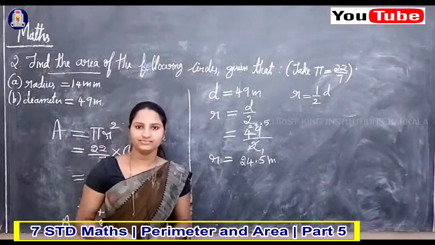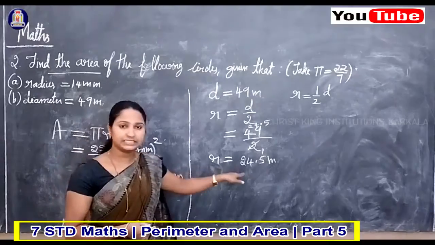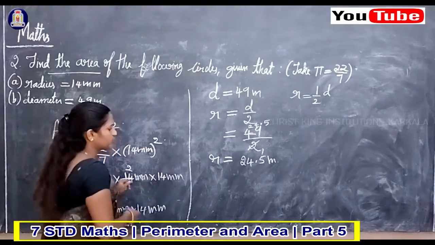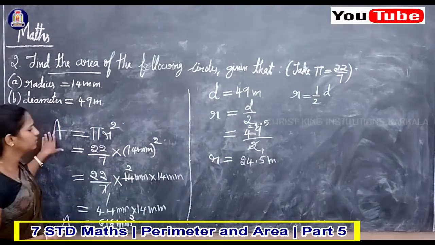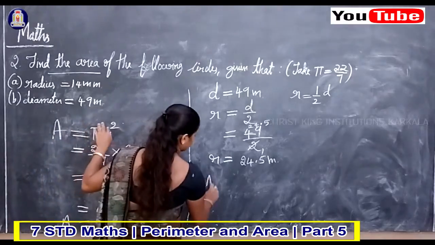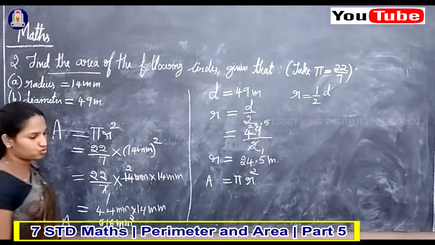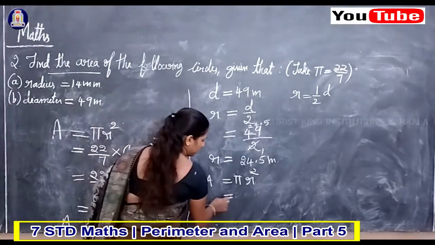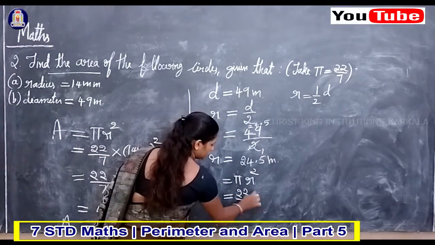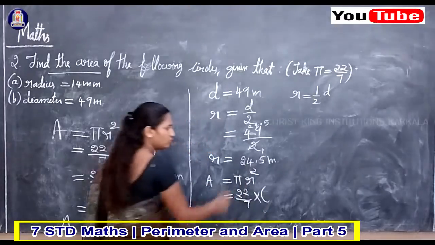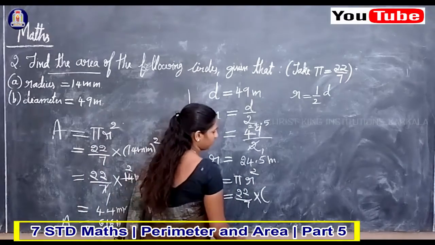Clear? Yes. Okay, next, after getting the radius, what you have to do? You have to find the area. So you have to use one formula, A is equal to pi r square. So here pi is 22/7 into the radius we know, 24.5 meter.